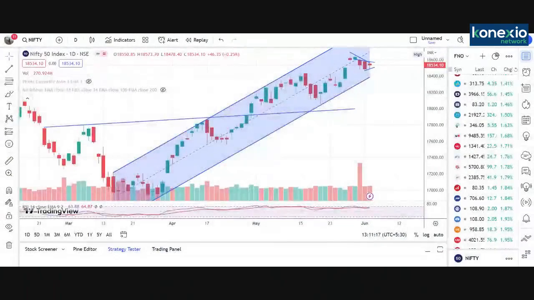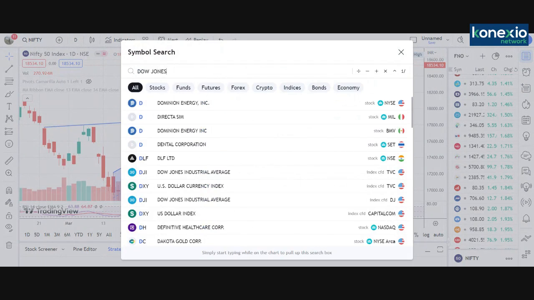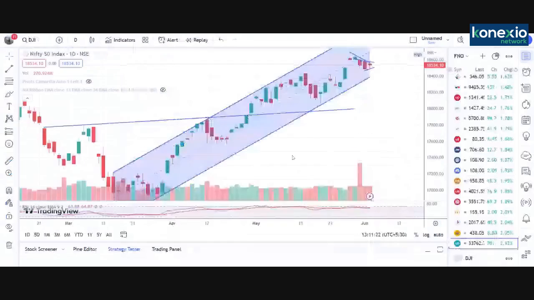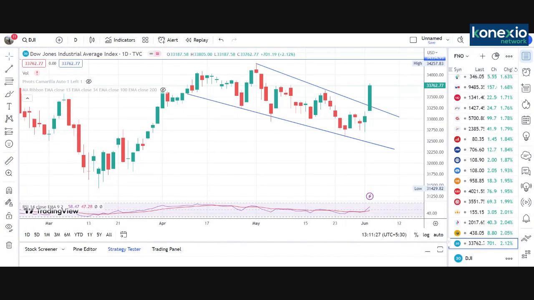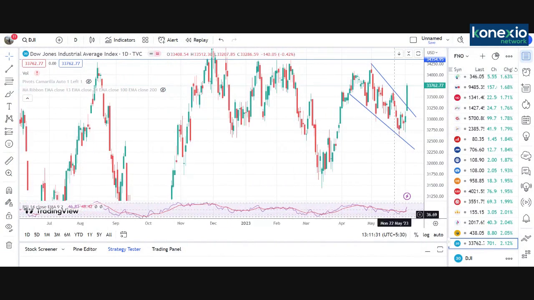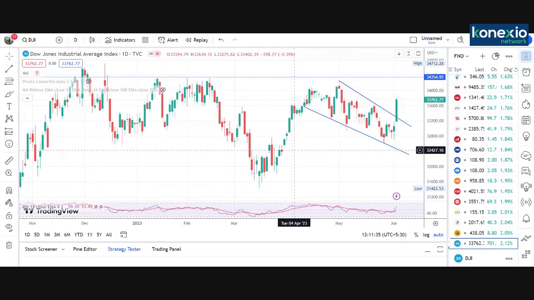So now, first of all, let us go to the US markets and see what the trend is. Let us check out the Dow Jones chart. This is the Dow Jones daily chart. You can see it has given a flag and pole breakout.